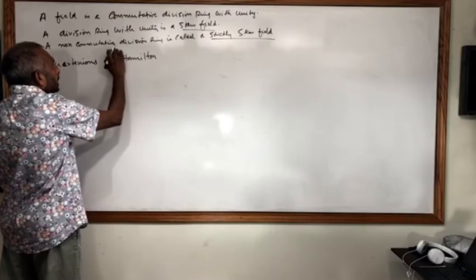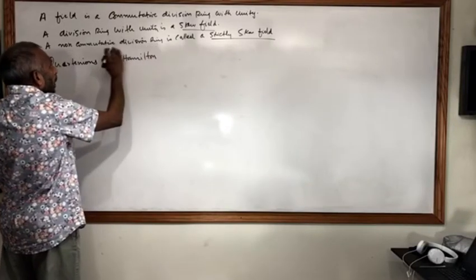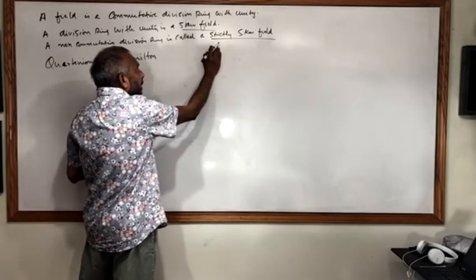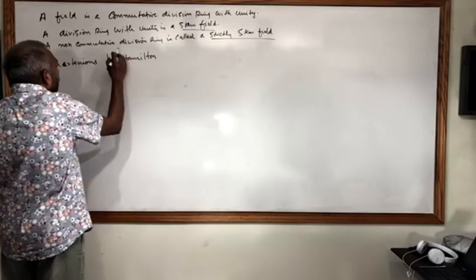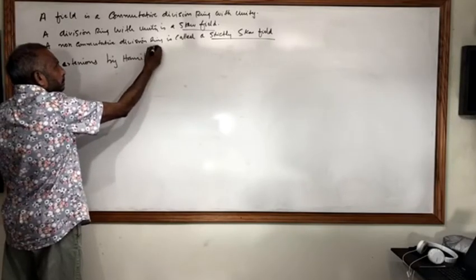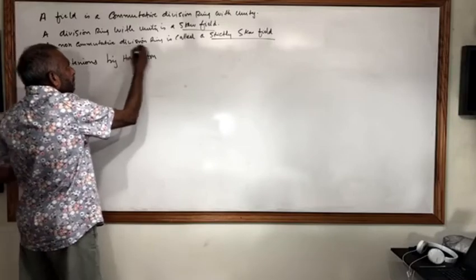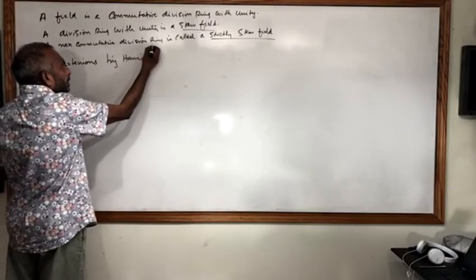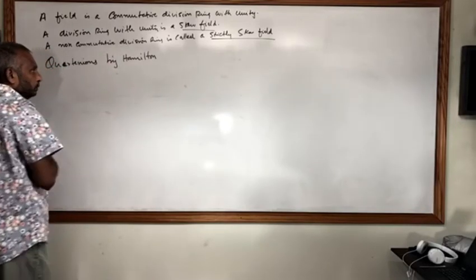With the addition it should be a commutative or abelian group, and in this case the multiplication is non-commutative. And the term division ring means every element of this ring has a multiplicative inverse.